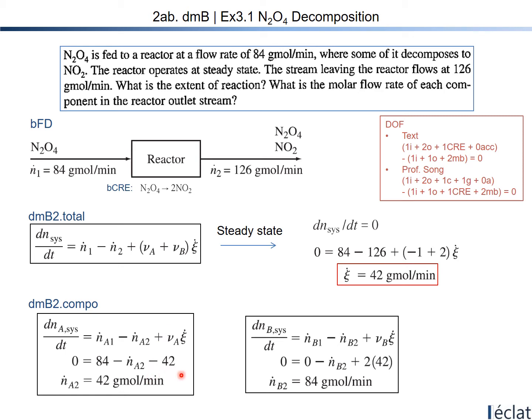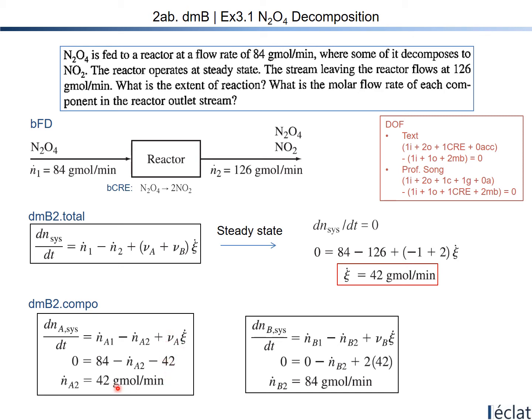So 84 minus the unknown, A2, which means the molar flow rate of component A, in this case N2O4, minus the generation minus consumption term. This value was given to you because you have calculated the extent of reaction from the total mole balance equation. So the extent of reaction is 42 and the stoichiometric coefficient of component A is minus 1.